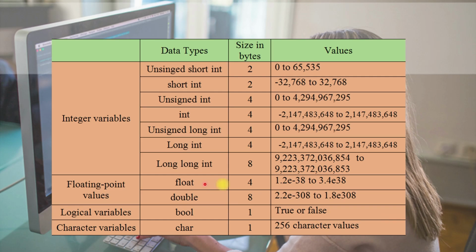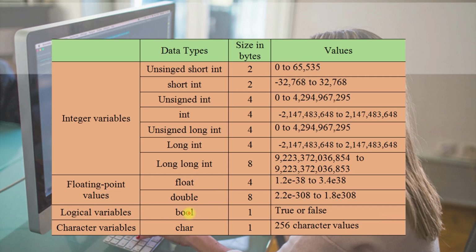Float occupies only 4 bytes of storage space in your RAM, and double occupies 8 bytes of memory in your RAM. Look, if you have any decimal number which is too long, you use what? Double. If you have a decimal number which is not too long, you can use what? Float.